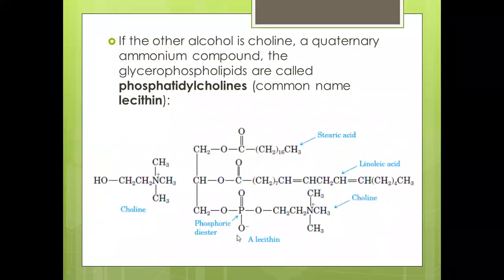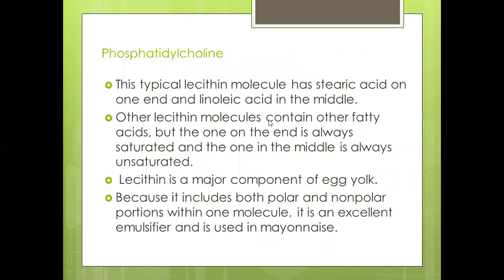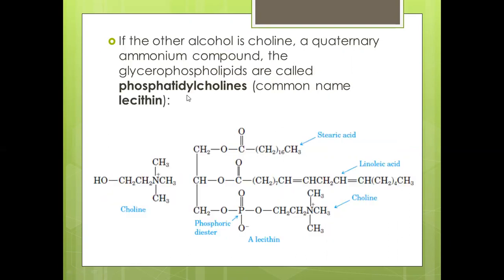phosphatidylcholine. There is a general term for lecithin. It is called lecithin only when the first fatty acid is stearic, the second one is linoleic, and you have here the choline. But if the fatty acids vary, it's not stearic, it's not linoleic, another unsaturated fatty acid, we generally call this one phosphatidylcholine, and the common name is lecithin here.